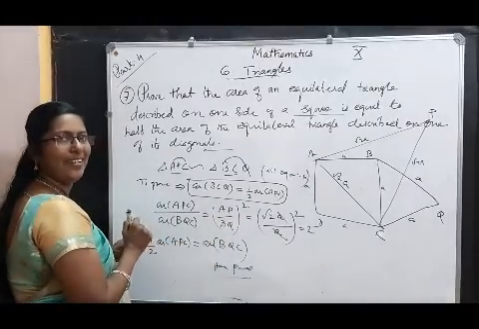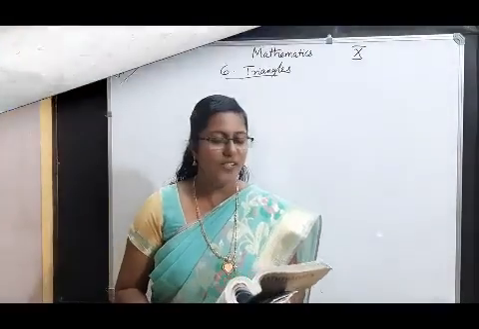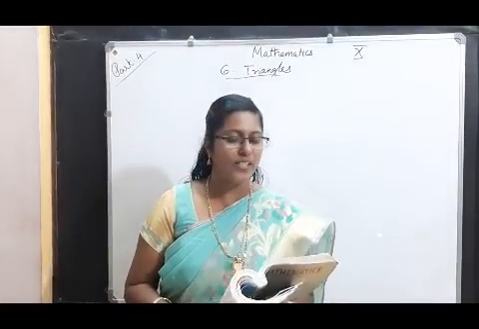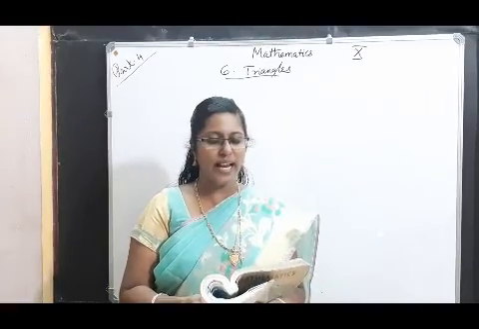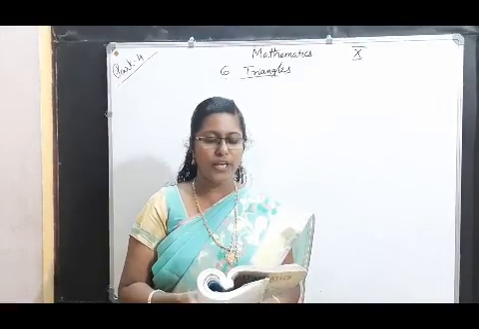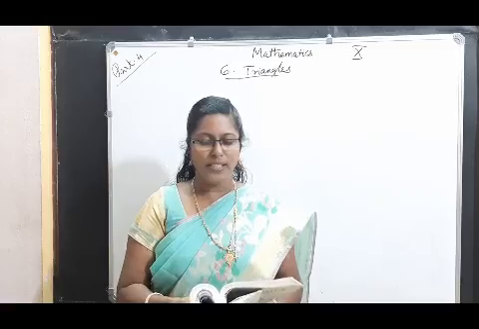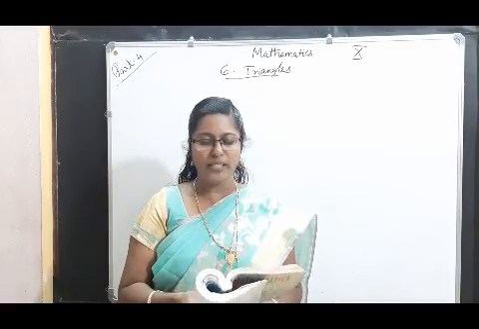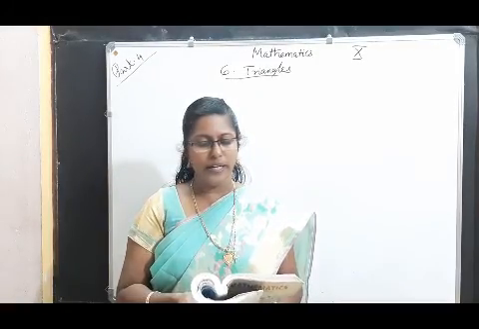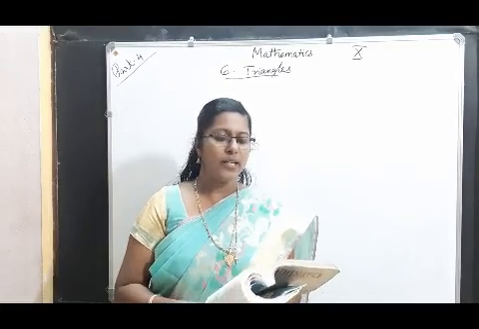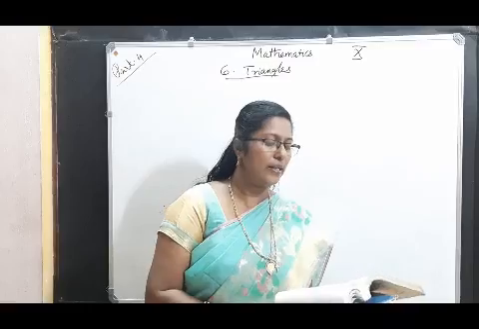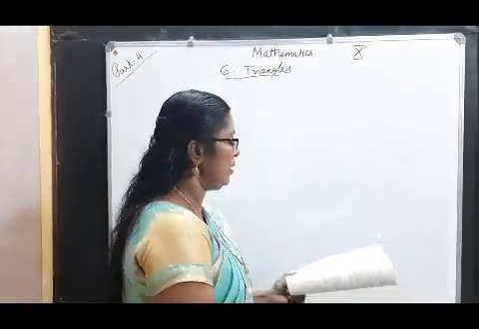Okay, clear? The next question, that is a multiple choice question. Question number 8. Triangle ABC and triangle BDE are two equilateral triangles such that D is the midpoint of BC. Ratio of the areas of triangle ABC and BDE. We already proved the question.